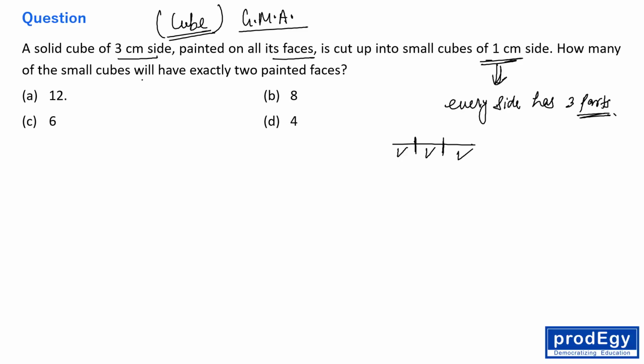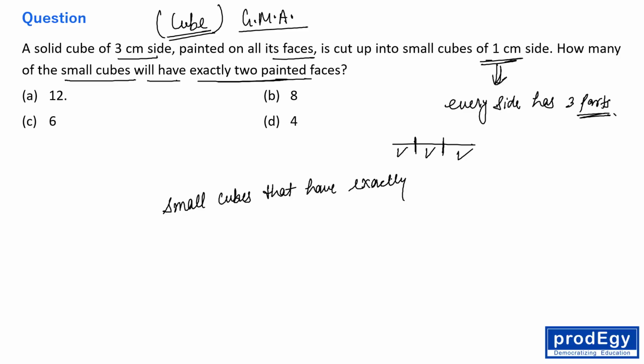Now they're asking the number of small cubes which will have exactly 2 painted faces. The number of small cubes that have exactly 2 faces painted is equal to 12 into n minus 2.